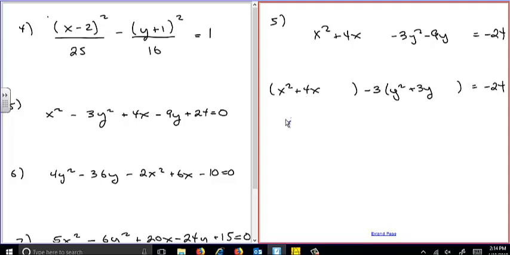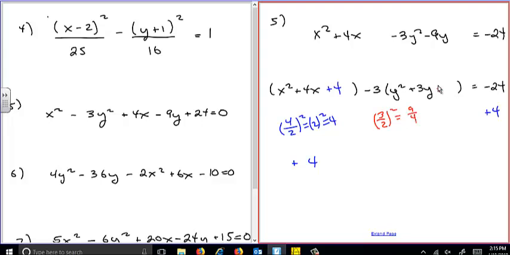Okay, so we're going to take 4, divide by 2, square that. That's 2 squared, which is 4. So we're going to add 4. And because we're multiplying by nothing except 1, we're really adding 4 to this point. So let's add 4 over here to balance it out. Here we have 3 halves, 3 divided by 2 squared, which you can't simplify, so just multiply it out, and you get 9/4.